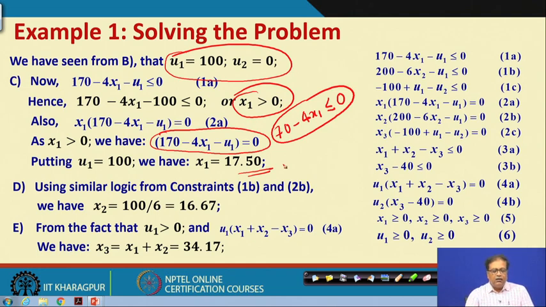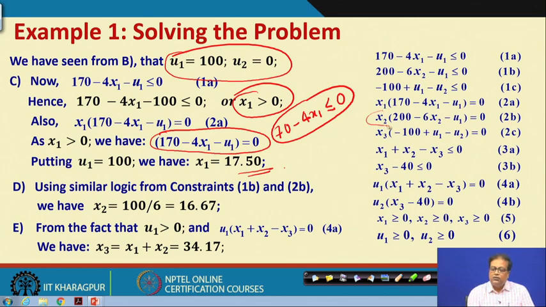Now, similar logic can be given for 1b and 2b, right. If you look at 1b and you put u1 equal to 100, so 100 minus 6x2 less than equal to 0. So x2 cannot be 0. If x2 equal to 0, then 100 should be less than equal to 0, that is an impossibility. Therefore, x2 is greater than 0. Now, look at constraint 2b.